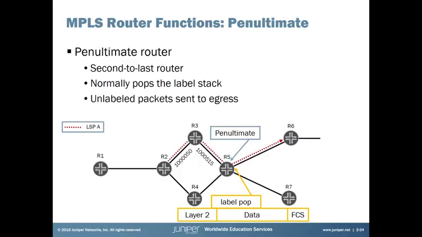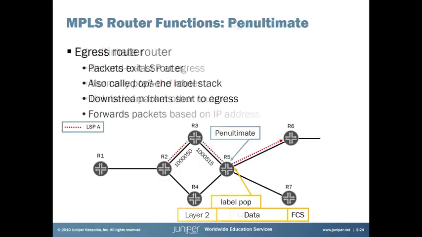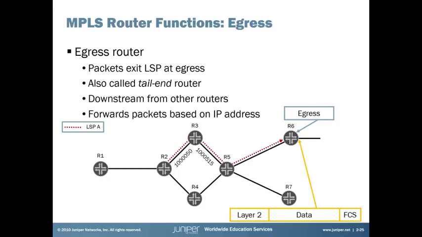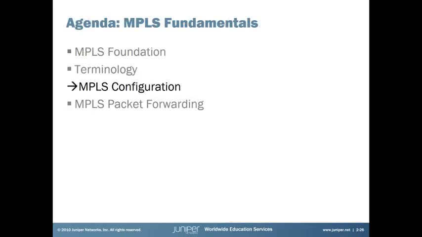Okay, so there we are. We had a look at the functions of the different routers there. Last one, the egress router, which is the last router in the path, called the tail end router, downstream from other routers, forwards packets based on the IP address, not the label. Okay, so basic concepts.